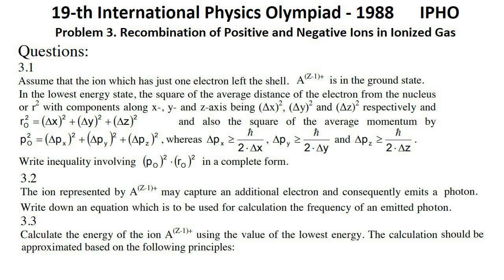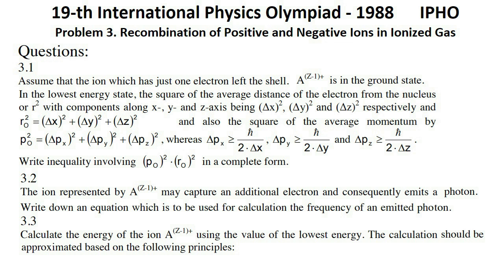Also the square of the average momentum is p0 squared, equal to Δpx squared plus Δpy squared plus Δpz squared, whereas Δpx is greater or equal to Planck constant over Δx, Δpy is greater or equal to Planck constant over Δy, and Δpz is greater or equal to Planck constant over Δz. Write an inequality involving p0 squared multiplied by r0 squared in a complete form.